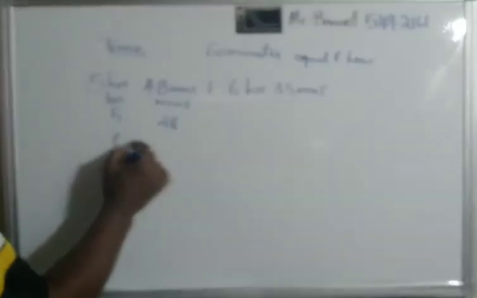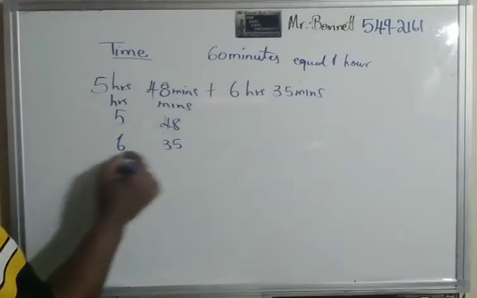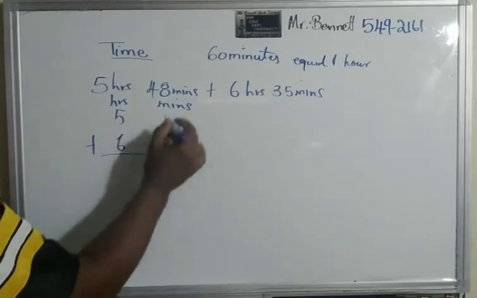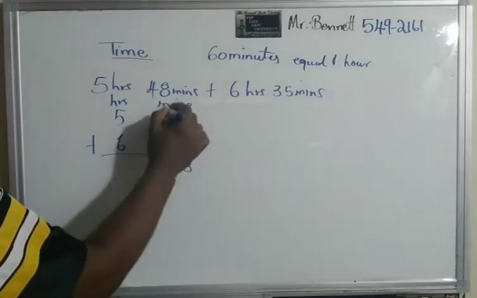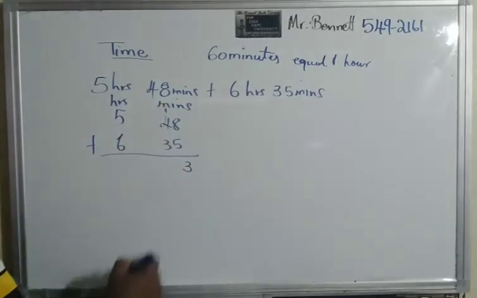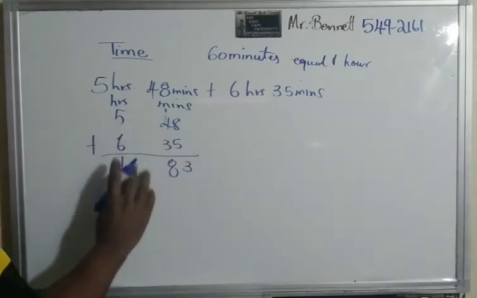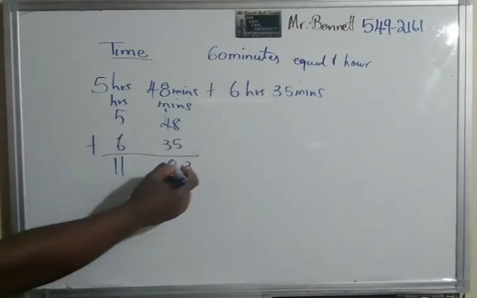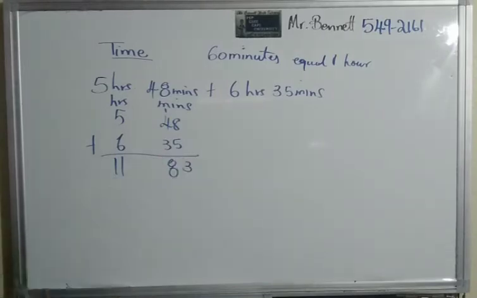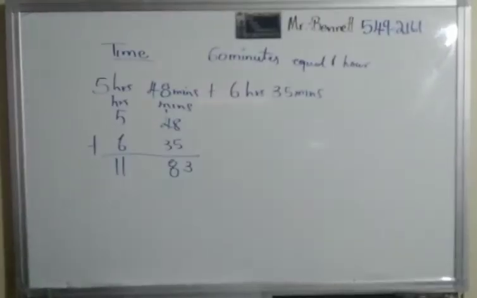Alright, so this will be 6 and 35 minutes. So we basically separate them again. So 5 plus 8 will be 13. That will give us 83 minutes. 5 and 6, 11. Remember, once this exceeds 60, we are not finished.